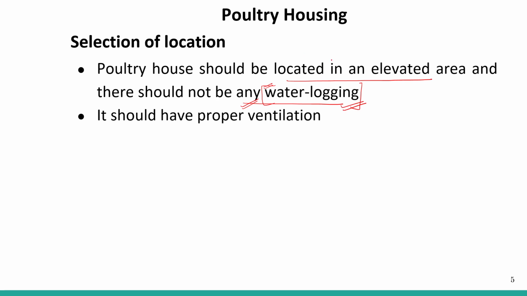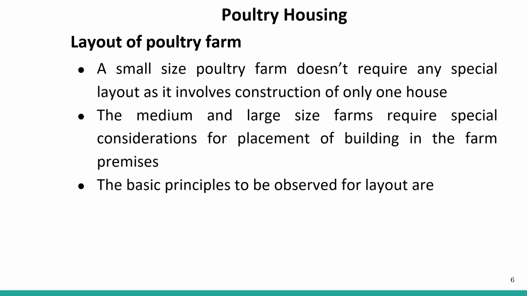Okay, and it should have proper ventilation. So they require proper fresh air. For that, proper ventilation should be there. The area should not be crowded or closed type. It should be open for proper ventilation.